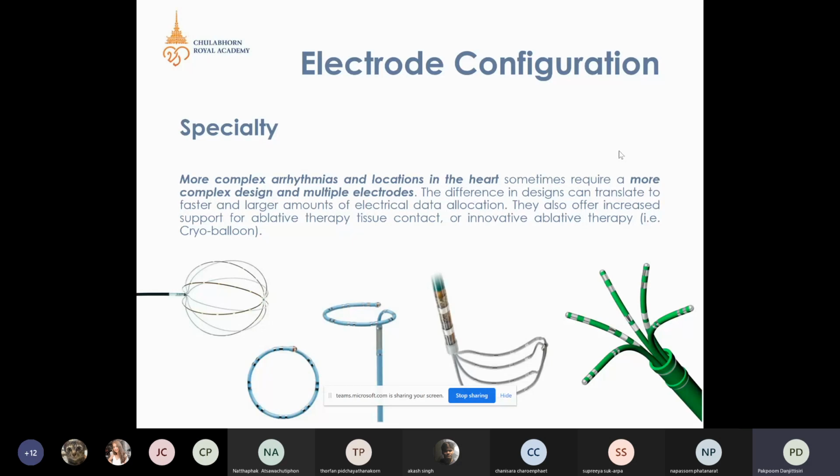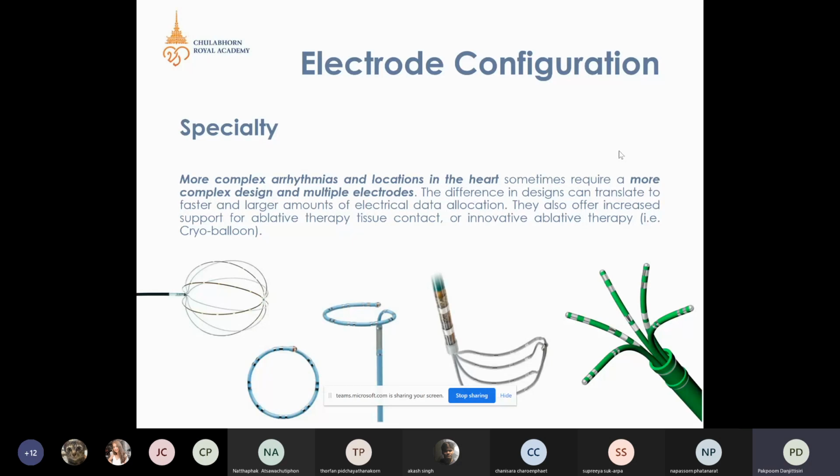The special electrode catheter we often use when more complex arrhythmias and locations in the heart are appearing.